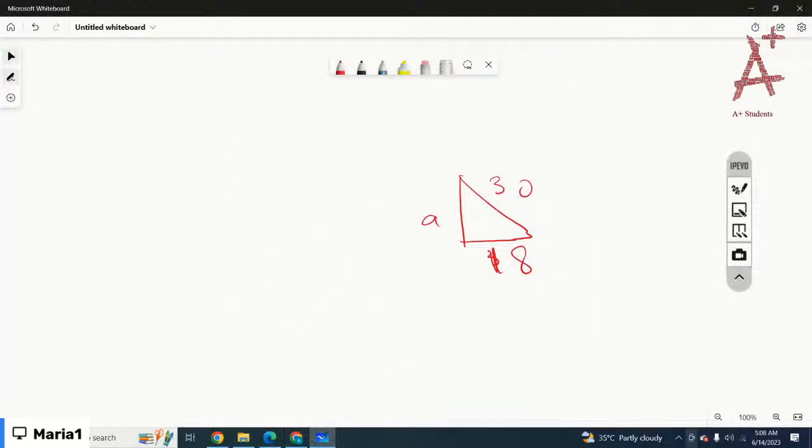You have to calculate the value. So use the Pythagorean theorem. The Pythagorean theorem is c squared equals a squared plus b squared. So this one is c, this one is b, and this one is a.